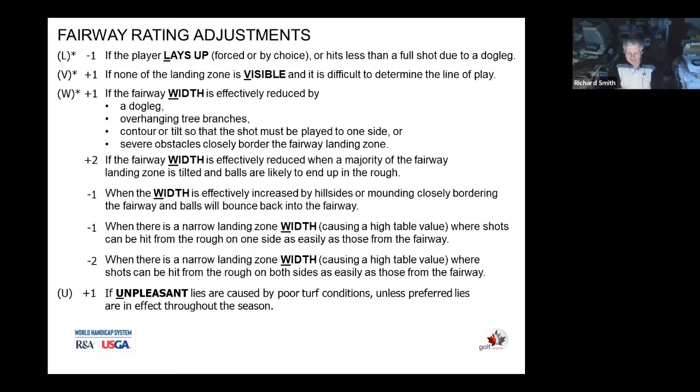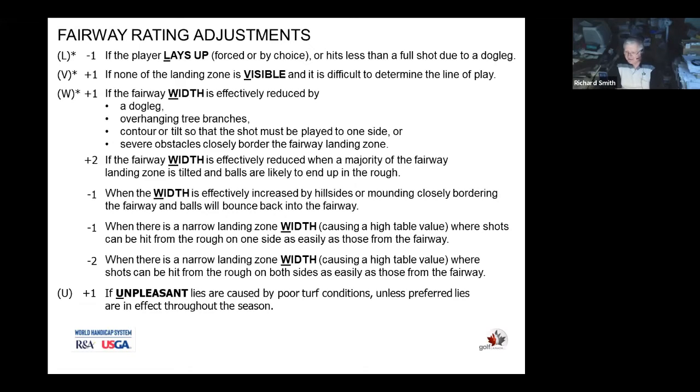Then there's also the unpleasant adjustment, poor turf condition, hard pan. We find on some courses in Saskatchewan on some of the holes, because of alkaline soil, the fairways are in very poor turf condition.